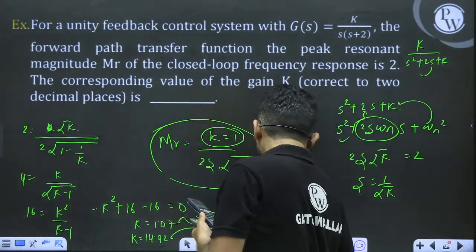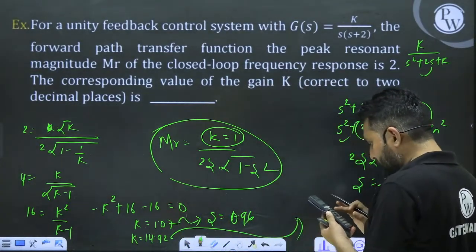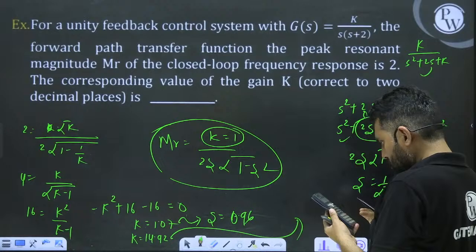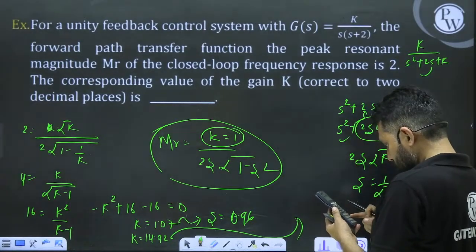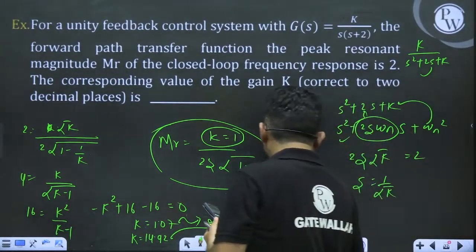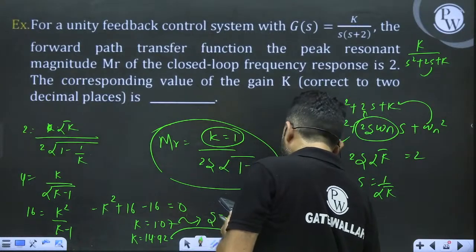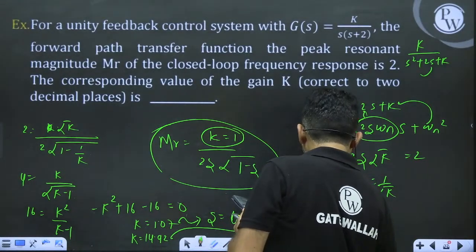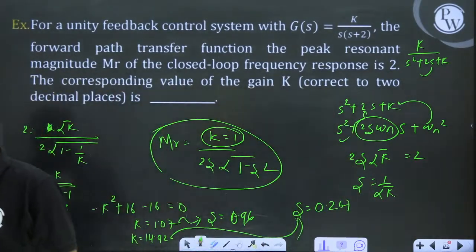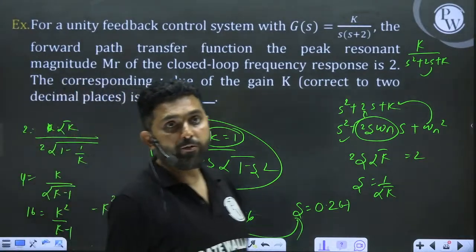But if you put k as 14.92, here zeta comes out to be 0.26. Tell me which value of k you will take.